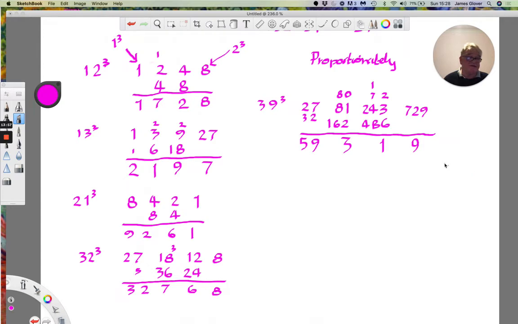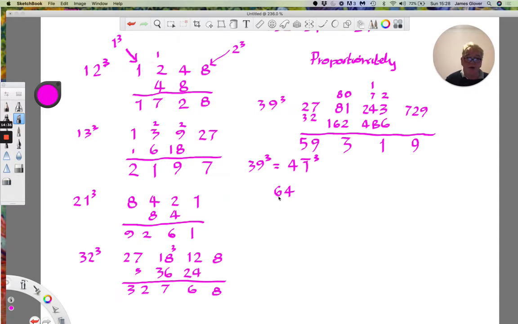But there is an easier way to do this, and that is by using a bar number. So I can call 39 40 bar 1. In other words, 40 minus 1. So I'm going to use this. The cube of 4 is 64. And this time the ratio is 4 to minus 1.